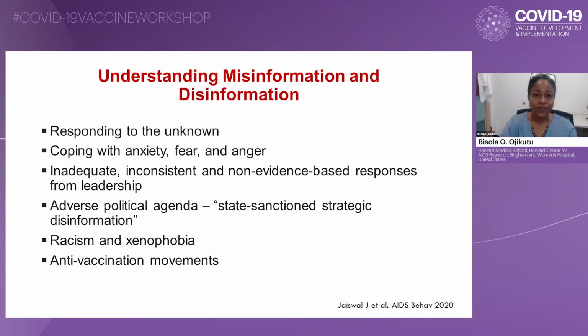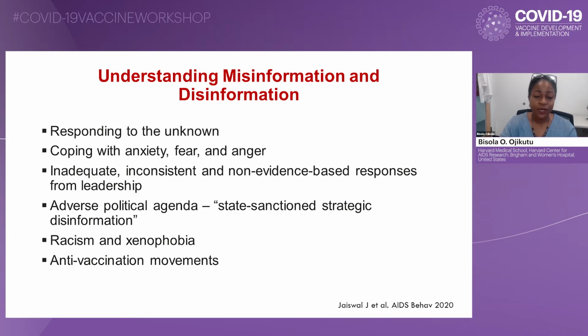Understanding the origins of misinformation, disinformation, as well as mistrust, which I'll turn to next, is critical to developing messaging and appropriate responses. The spread of misinformation may arise from the need to understand a new phenomenon where an evidence-based understanding has not already been established, like during the current pandemic with a new virus.